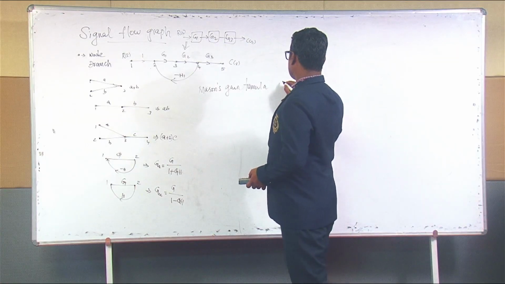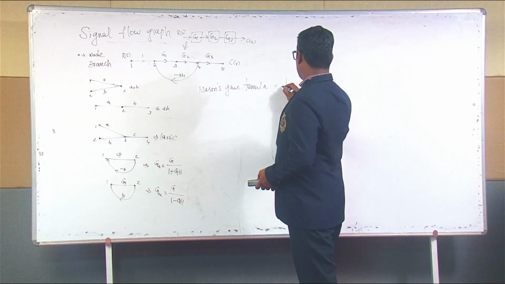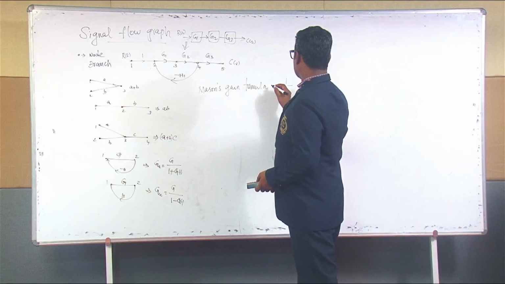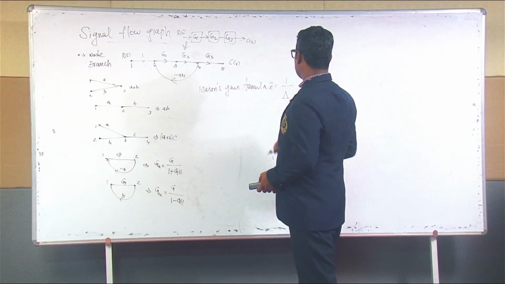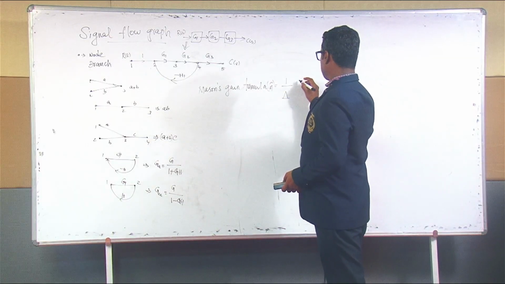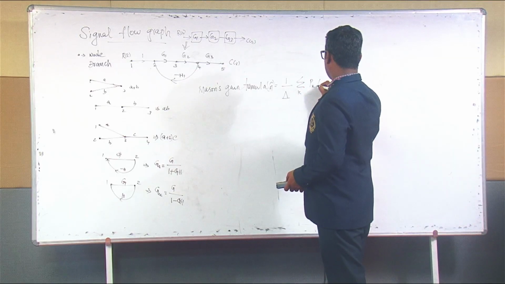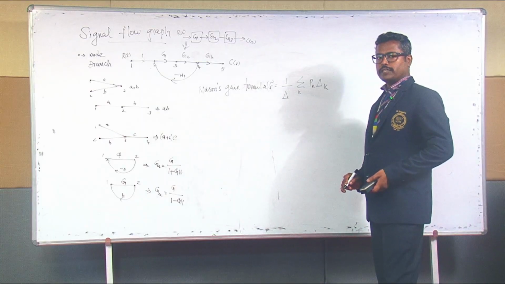So the transfer function is nothing but 1 by del into the summation over k of Pk into del k. Okay, this is Mason's gain formula.